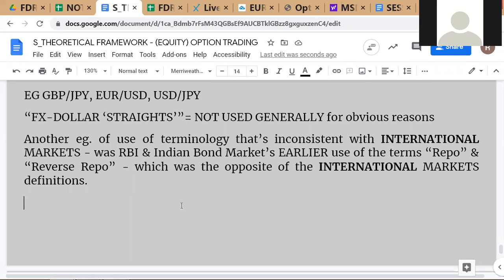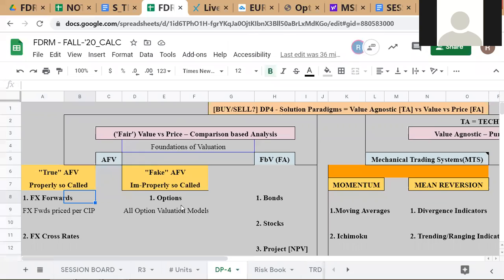Now let's go to our calc sheet session board.